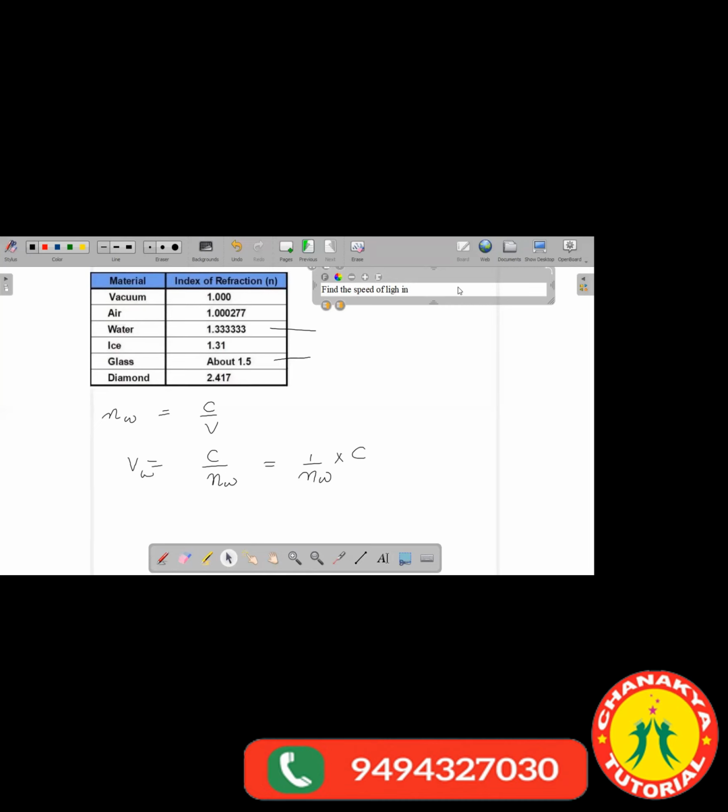Like if you are talking about water, this V is the speed of light in water. So you have to find the speed of light in water, given that the refractive index of water is 4 by 3. Can you solve it now?